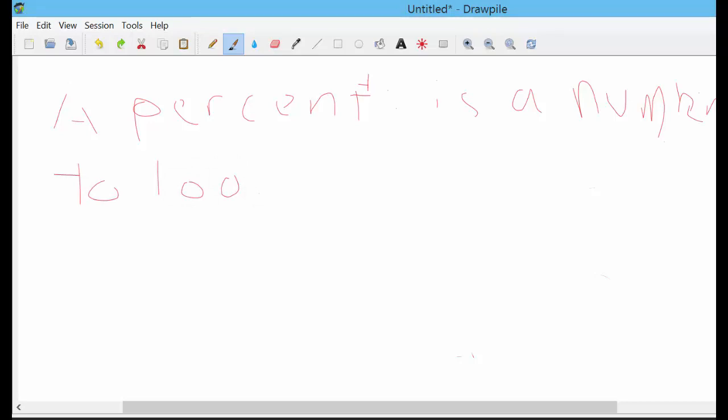So a percent would look something like this: 10%. This is the percentage sign you will see in most cases.